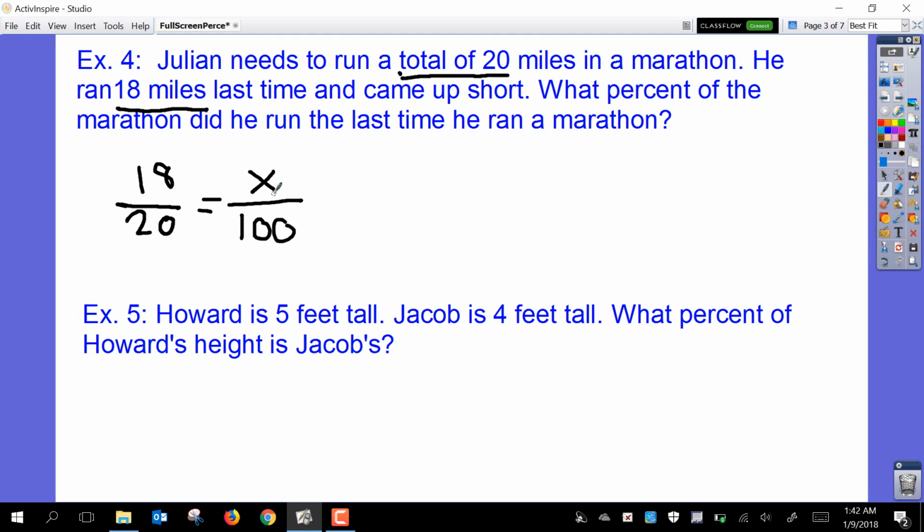In order to do that, I have to think, what does it take to get from 20 to 100? It looks like I'm going to have to multiply by 5. So 20 times 5 is equal to 100. So 18 multiplied by 5 is going to give me 90. So x is equal to 90%.